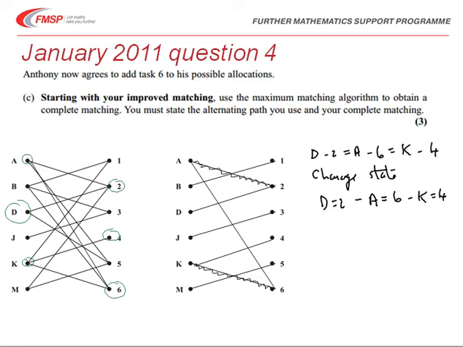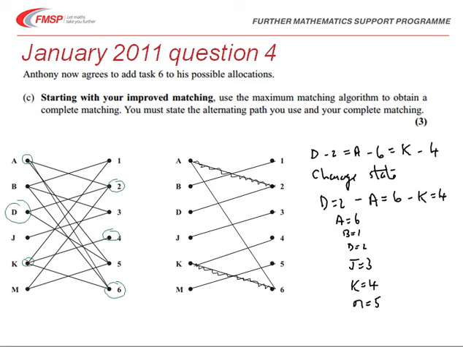So our matching is now as follows. A is 6, B is 1, D is 2, J is 3, K is 4, and M is 5.